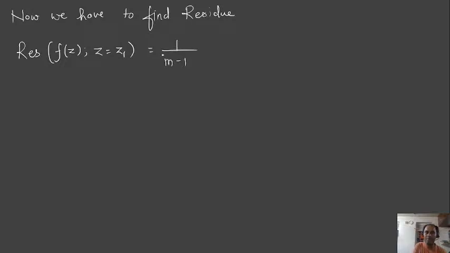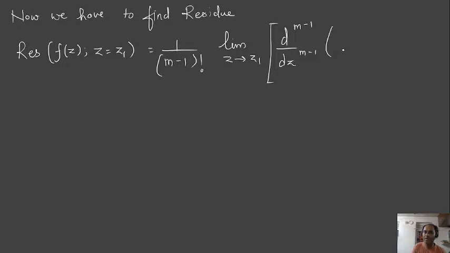Now we have to find the residue. So residue of f of z at z equals z1 is going to be 1 upon (m minus 1) factorial, limit z tending to z1, d by dz to the power m minus 1, of (z minus z1) to the power m times f of z.